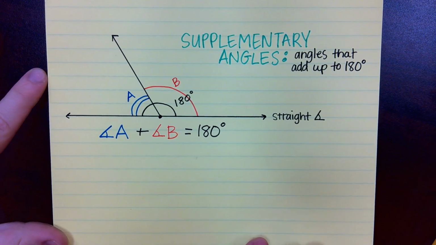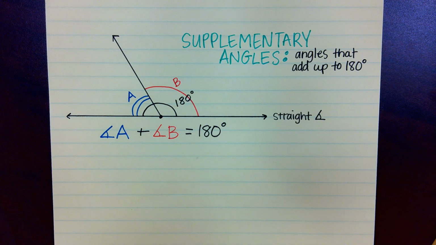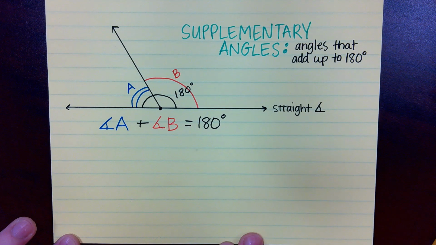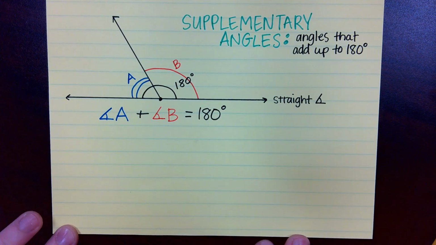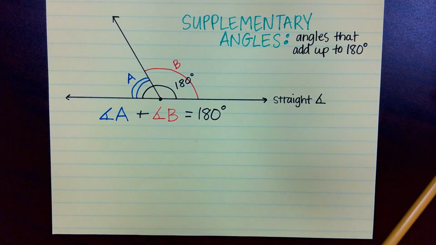I'll give you guys a minute to get that all written down before we move on to the last kind we're going to talk about today. Last but not least, on the bottom of your page, if you still have room, if not, you can start a new page.